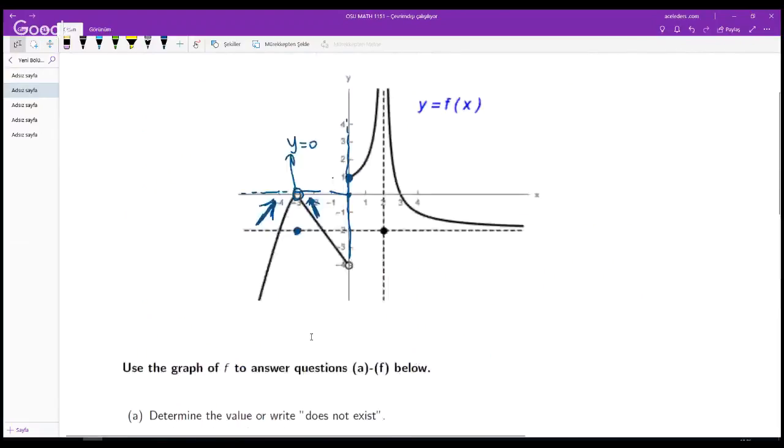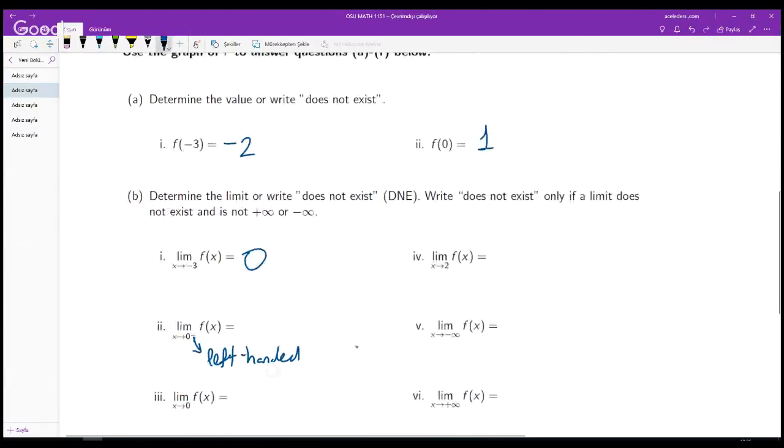This line is the line where x is 0. So when x approaches 0 from the left-hand side, I will focus on this part and follow the line. Where does the line go to? It goes to minus 4. So the answer is minus 4.